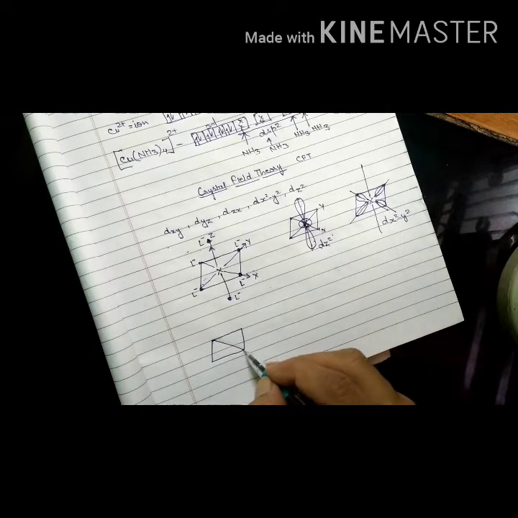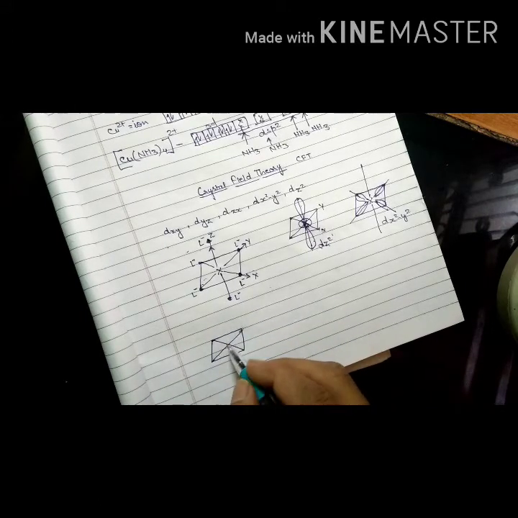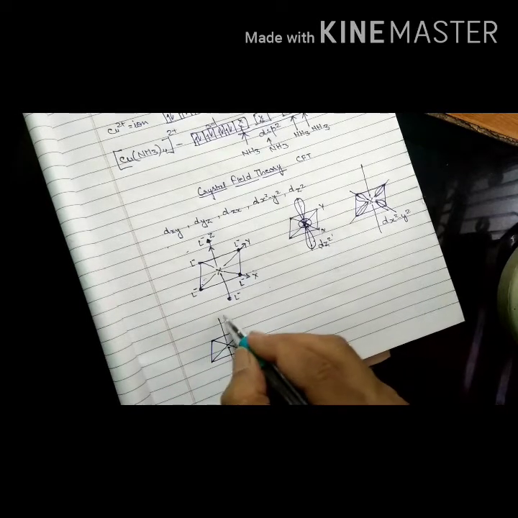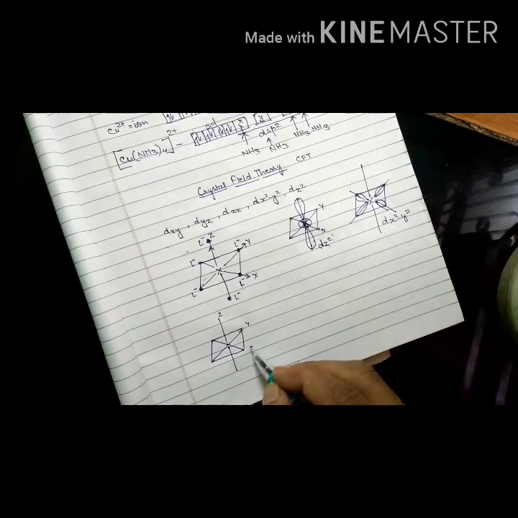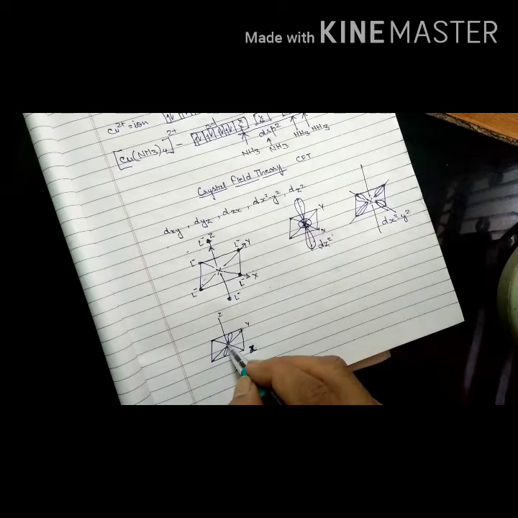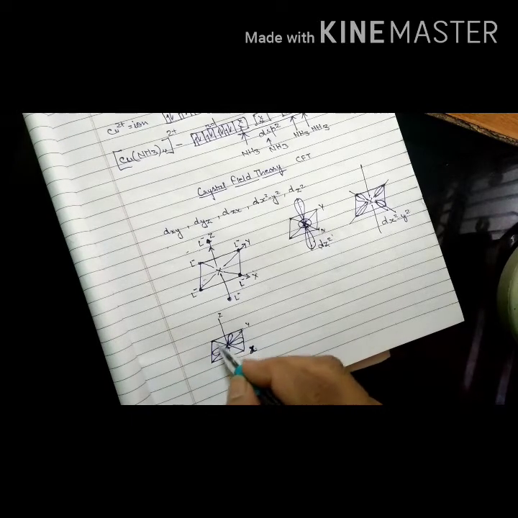And if orbitals are present between the axes, z, y, x, this is the first orbital, and another one, they lie between x and y axis. So this is called dxy.